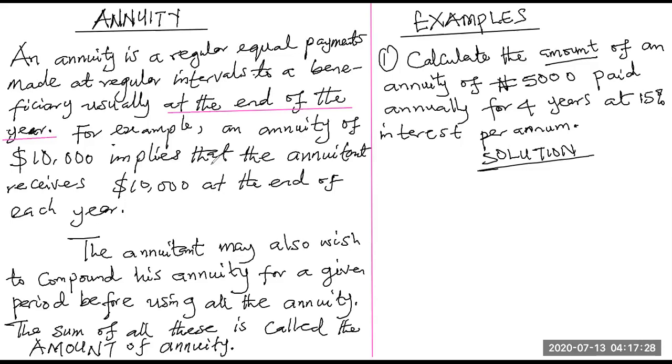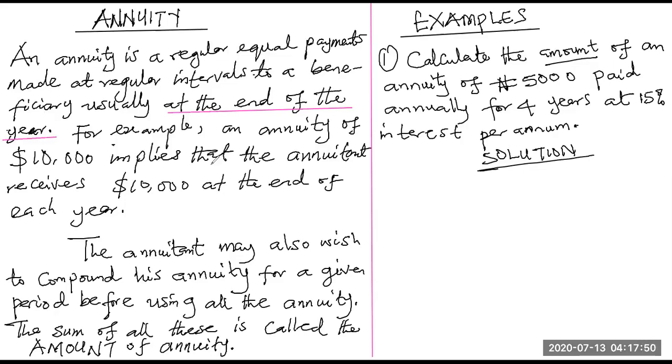So an opportunity may come, and I receive $10,000 every year. If I keep this $10,000 for 5 years, it's going to give me $50,000. But I want to do a project in 5 years. Maybe I want to build a house, and I need like $60,000 to build it. $50,000 will not be enough for me.